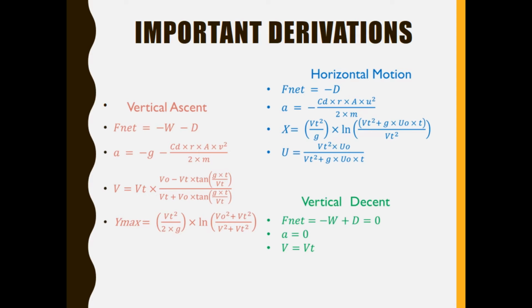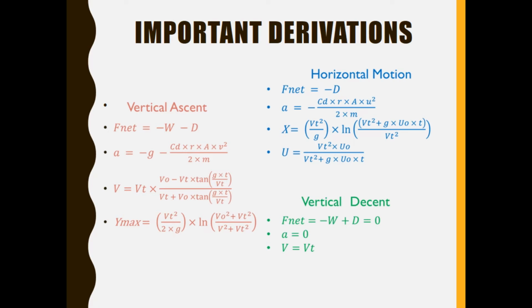We'll first consider the vertical component and then develop the equations for the horizontal component. We'll divide the trajectory into two parts: vertical ascent and vertical descent. In vertical ascent, the force acting on the projectile will be in the downward direction. The gravity and the drag will be acting in the same direction together. So the total acceleration can be found by equating it to ma.